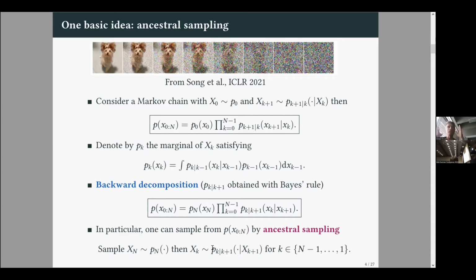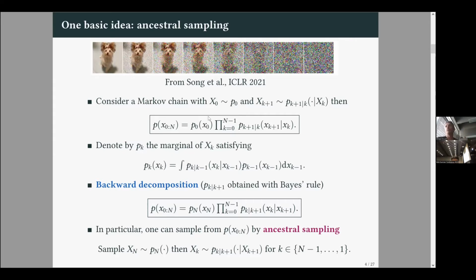So that was very elementary basic probability. Why is that relevant to generative modeling? The key idea behind denoising diffusion models is as follows. p0 is going to represent the empirical distribution of the data I have access to.